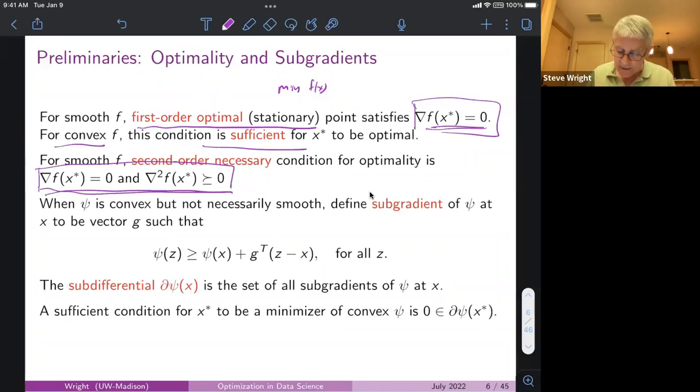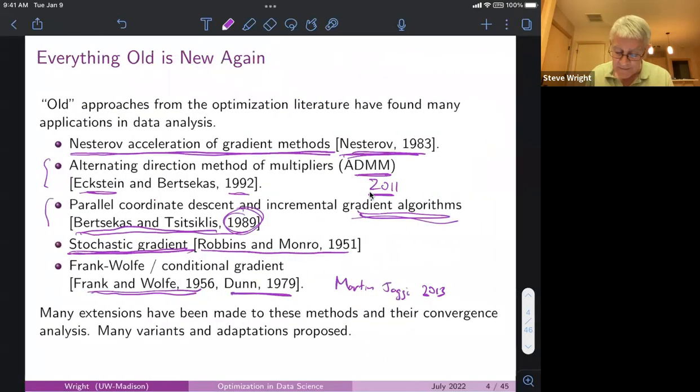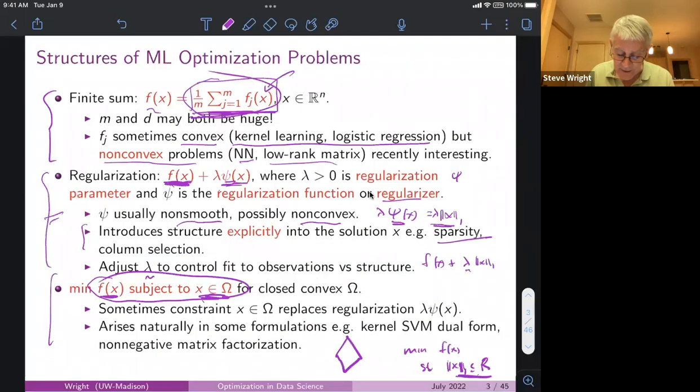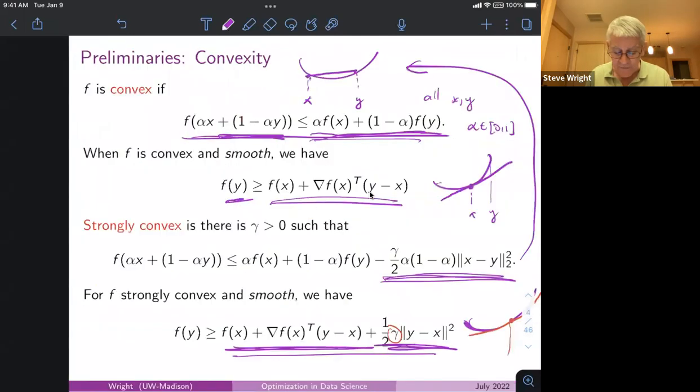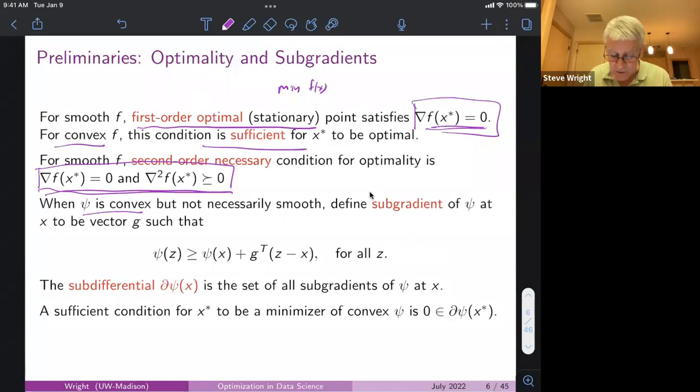Okay, and then finally, I'll just say something about non-smooth functions. So if psi here is a convex function, but not necessarily smooth, I've chosen the notation deliberately because this function psi in this regularized form is often like this. It's convex but not smooth.